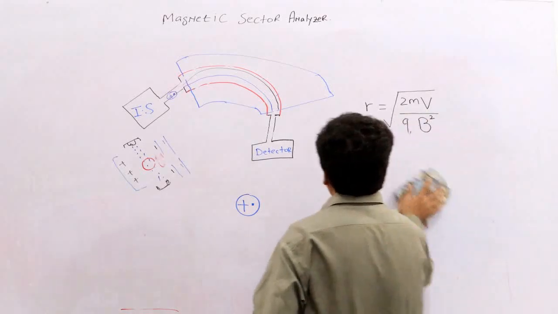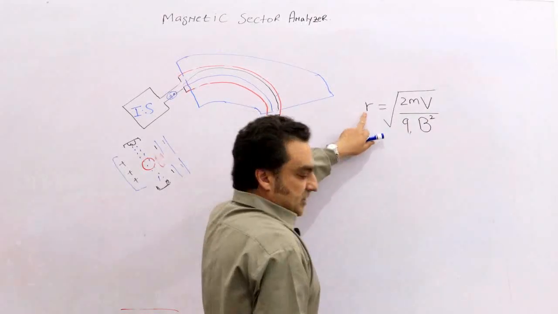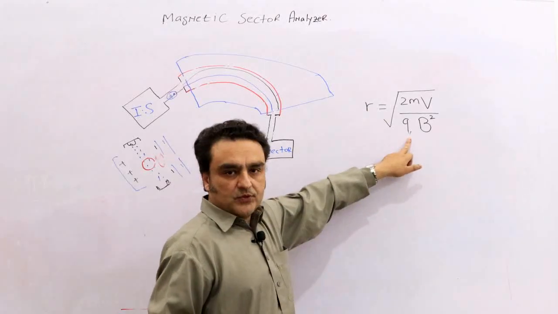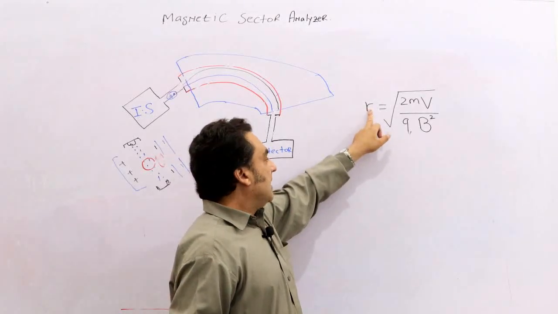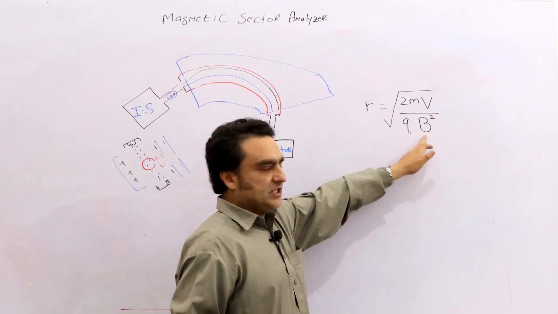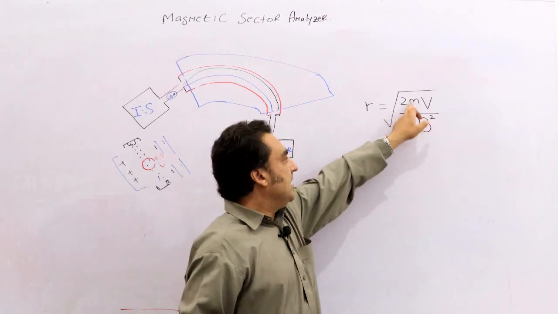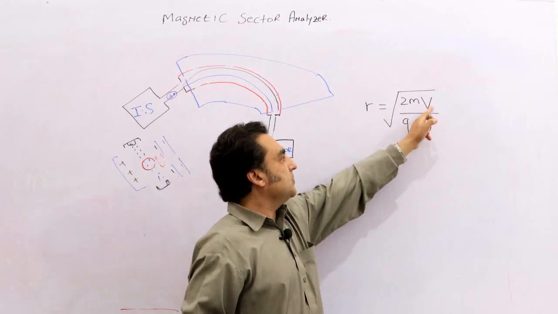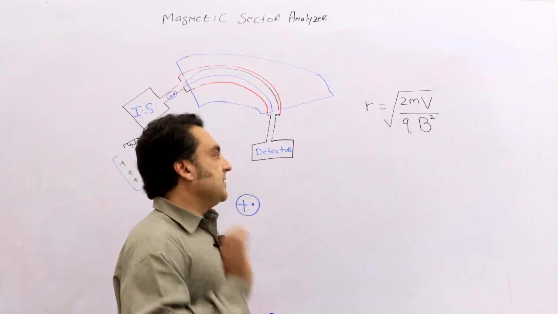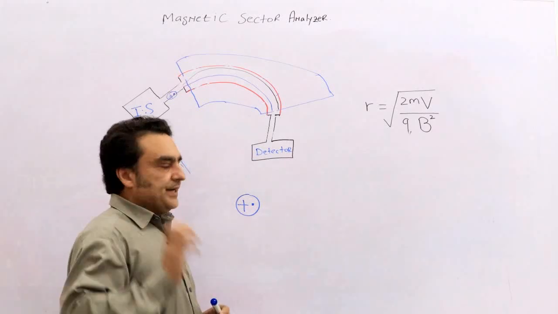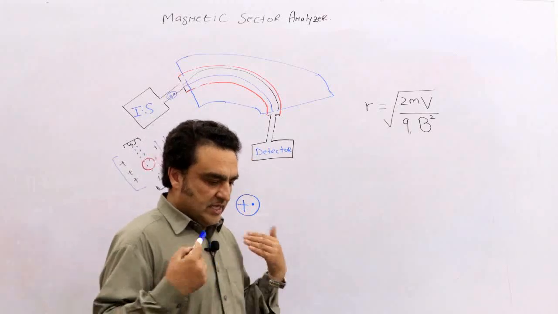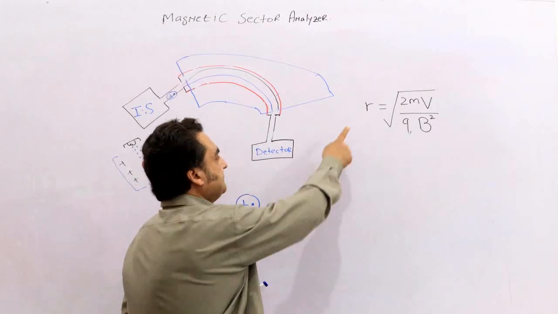Now in this equation, R is inversely proportional to the charge. R is inversely proportional to the field, and R is directly proportional to m, mass, and R is directly proportional to this potential difference. I'm going to explain each and everything, but stay a little bit calm.